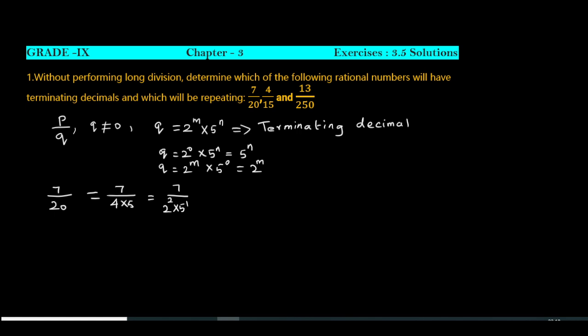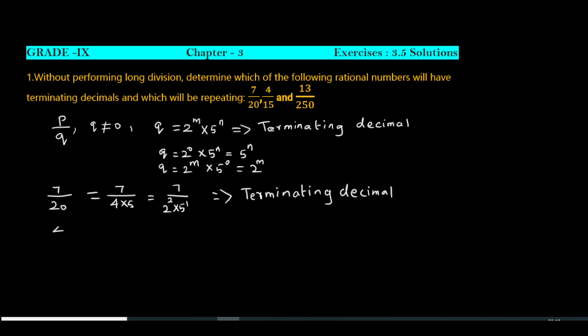The denominator is in the form of 2 and 5, which means 7 by 20 has a terminating decimal.